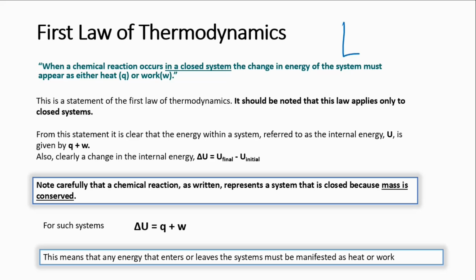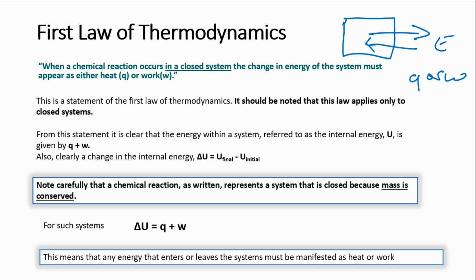So let's say this is the system. Energy can go out, it can also come in. That energy must be in the form of Q or W. The energy exchange with its surroundings must be in the form of Q or W.